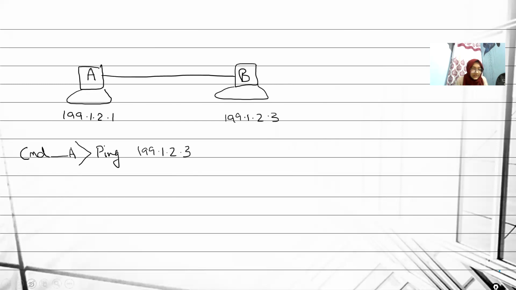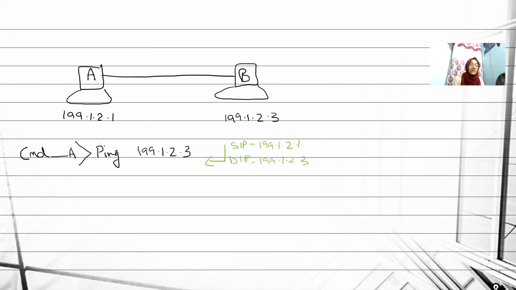So when we write ping 199.1.2.3, two things will go with it: one will be the source IP and the other the destination IP. The source IP is 199.1.2.1 and the destination IP is 199.1.2.3.